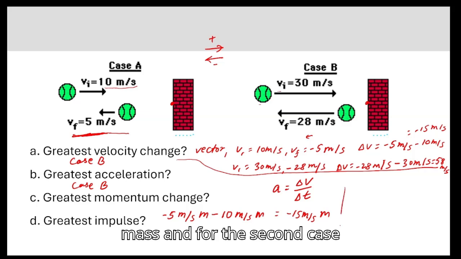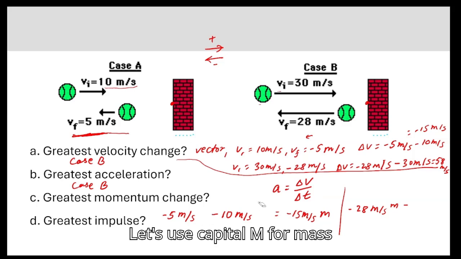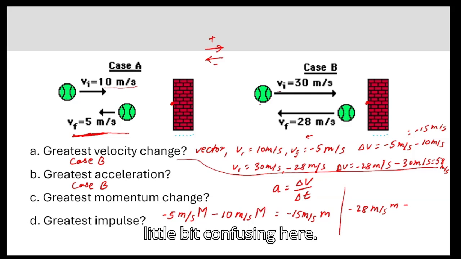And for the second case this is minus 28 meters per second times mass minus 30 meters per second times mass, which is minus 58 meters per second times mass. Let's use capital M for mass, because the meter and mass are a little bit confusing here.